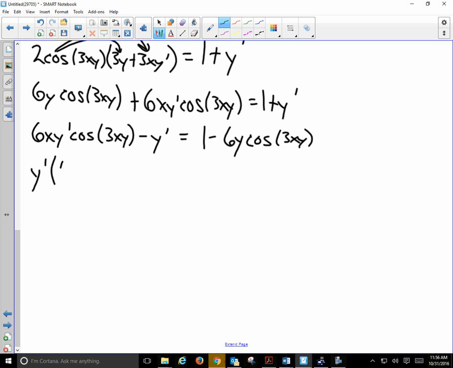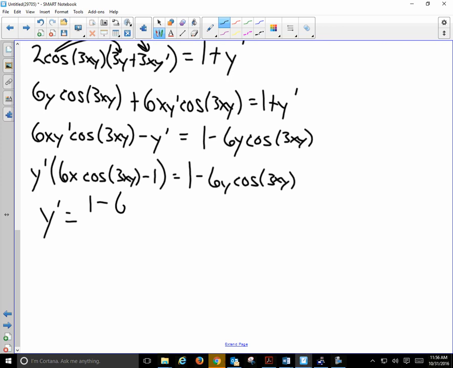Y prime times 6x cosine of 3xy minus 1 equals 1 minus 6y cosine of 3xy. So I get a nice answer here. Cool. What do you think of that?